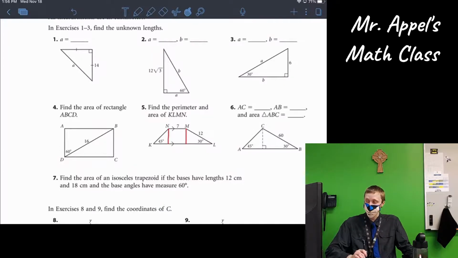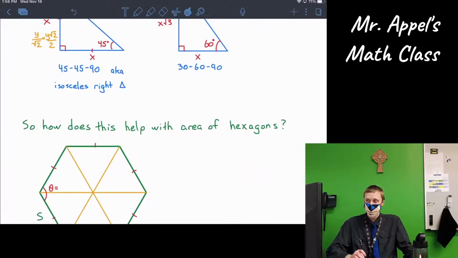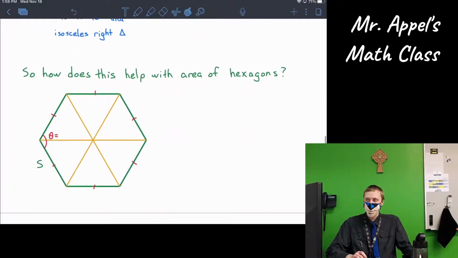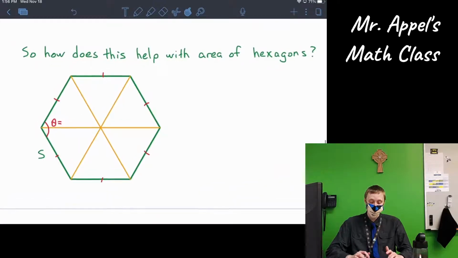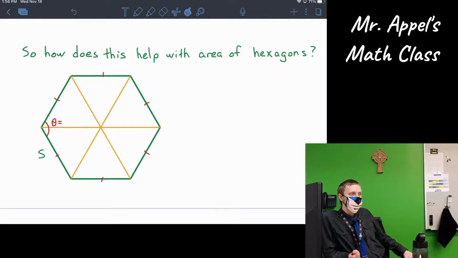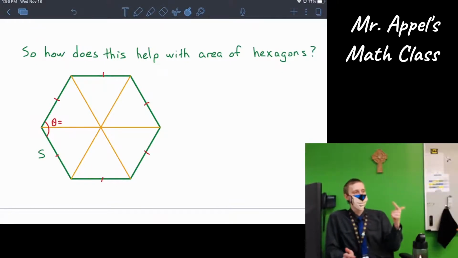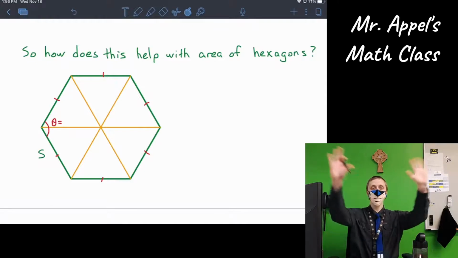Speaking of solving stuff, we'll come back to the worksheet specifically later. But I want to roll back to, remember when we were doing surface area and volume, not that long ago, right? And there was that hexagon guy. We had a hexagonal prism and a hexagonal pyramid at one point. And the problem was, they said, hey, here's a regular hexagon.